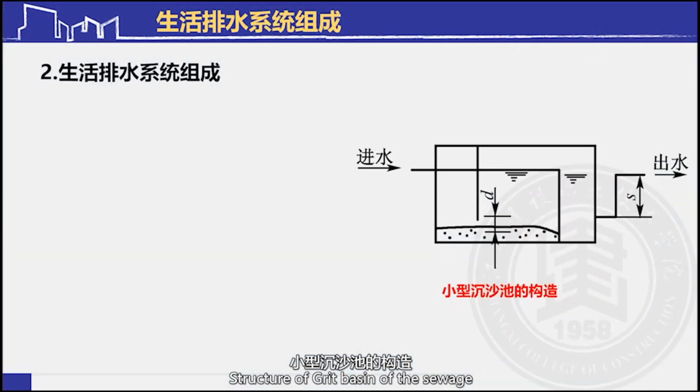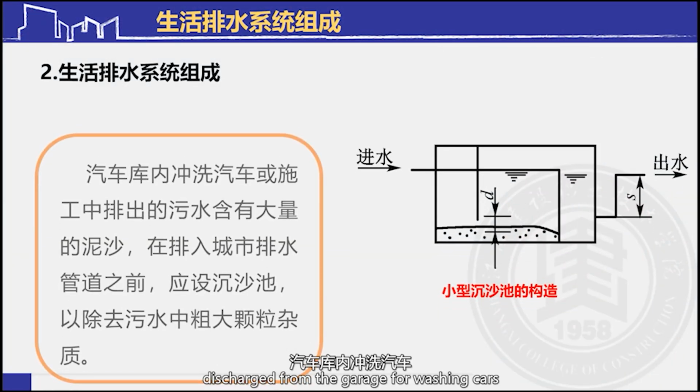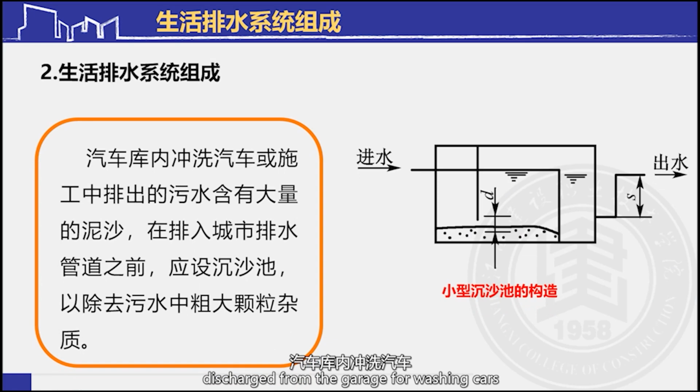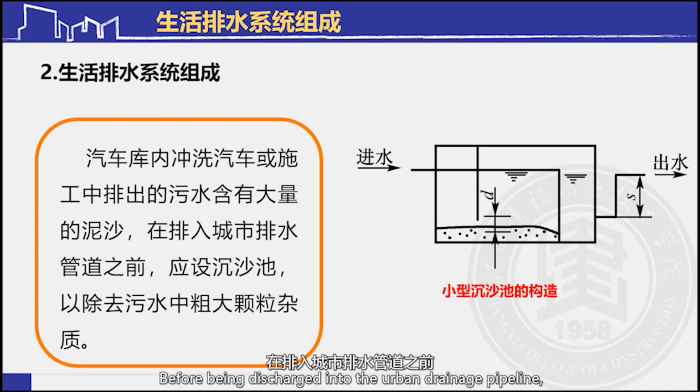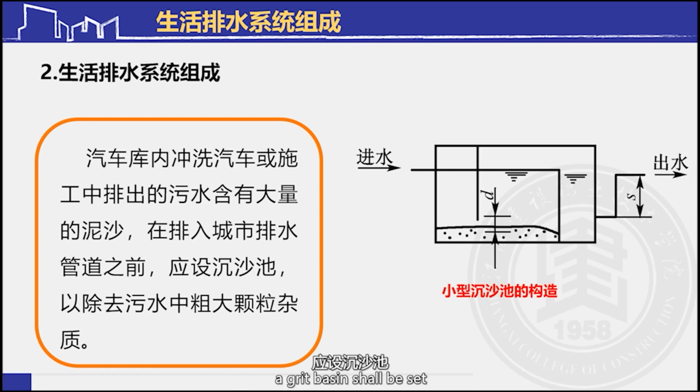Grit basin structure: sewage discharged from garages for washing cars, or during construction, contains a large amount of sediment before being discharged into the urban drainage pipeline. A grit basin shall be set to remove the coarse particle impurities in the sewage.